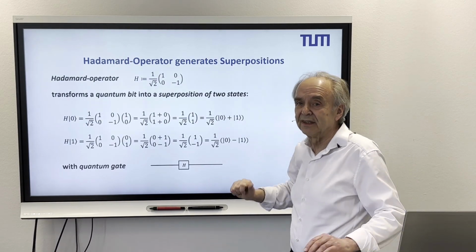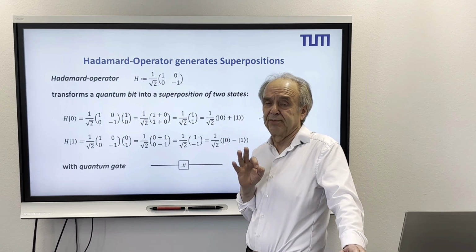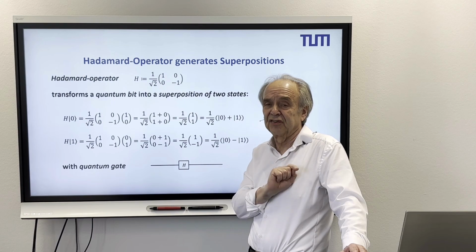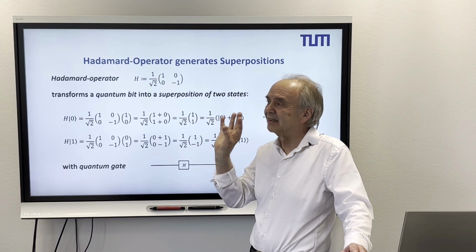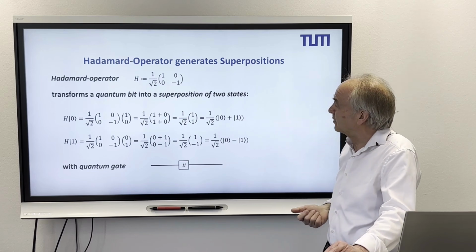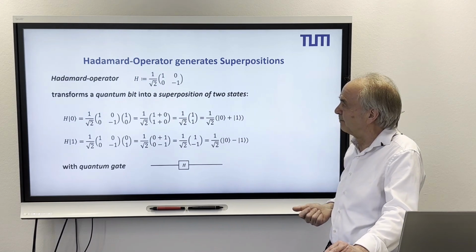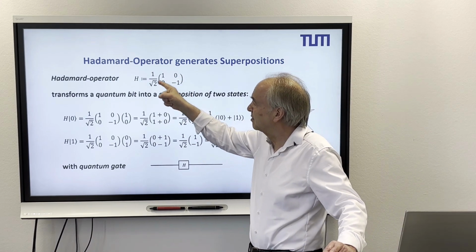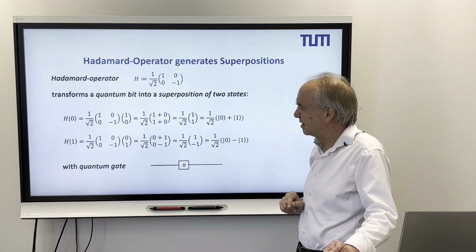And then an amazing new operator. It is amazing because it is typical for the quantum world, and there is no correspondence to a logical classical operation in the classical world. That is the so-called Hadamard operator. Again, the operator is represented by this kind of matrix.